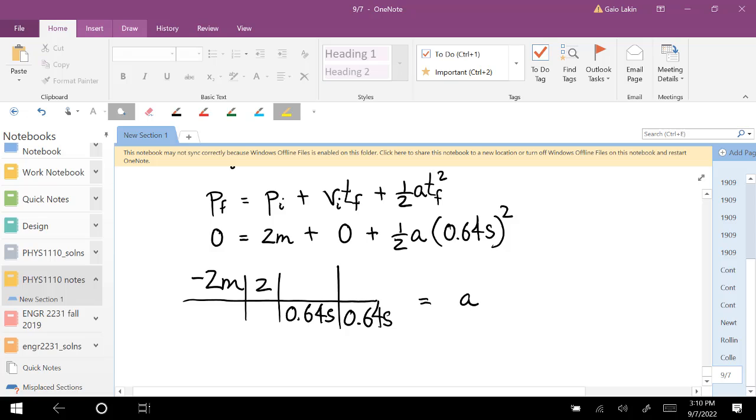Okay, so what do we get? We have units of meters per second squared, which is good because that's units of acceleration. Can someone multiply and divide out these numbers?